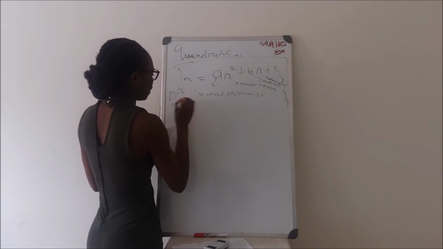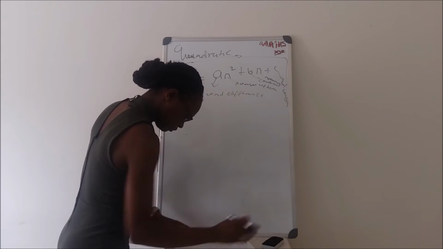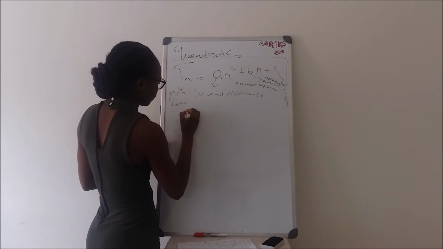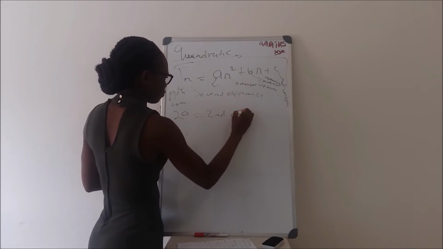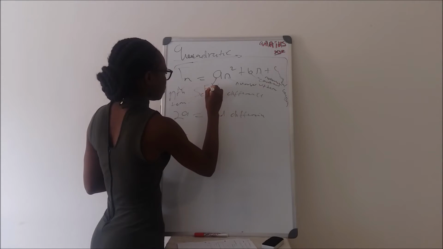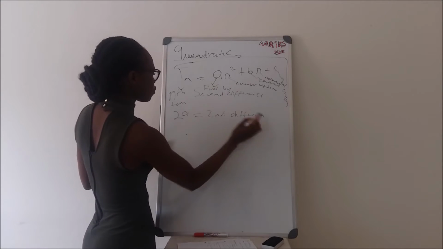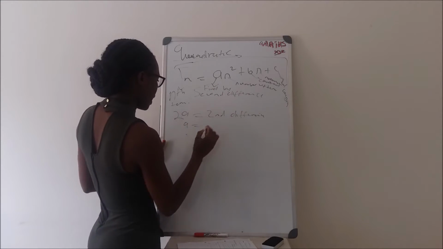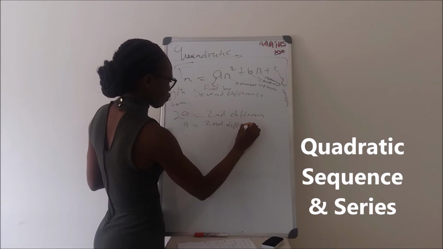All right, so from this equation here, to find a: 2a is equal to the second difference. That means a is equal to the second difference divided by 2.